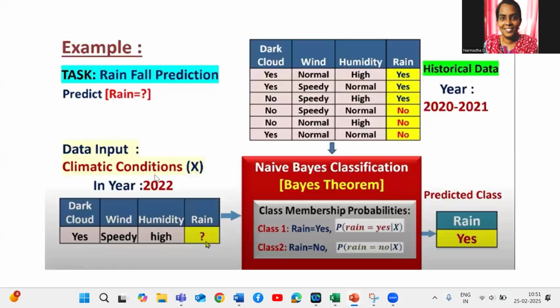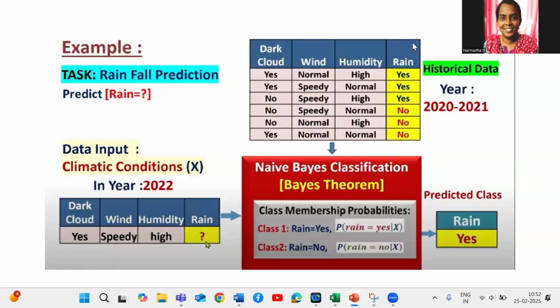Now we will see what formula is used for the working of the Bayes theorem. Before that, what are all the things that are needed? Say, for example, you have historical data, that is, you have the features such as dark cloud, wind, humidity, and rain.